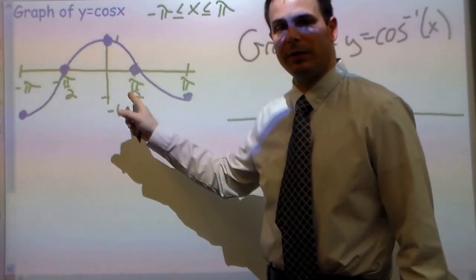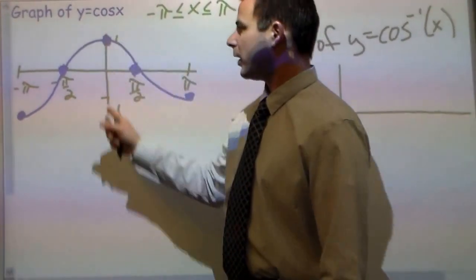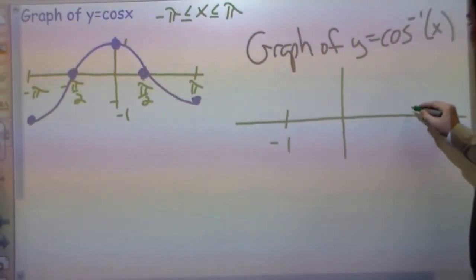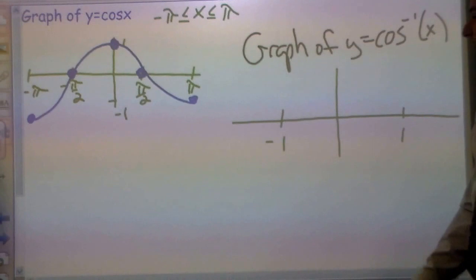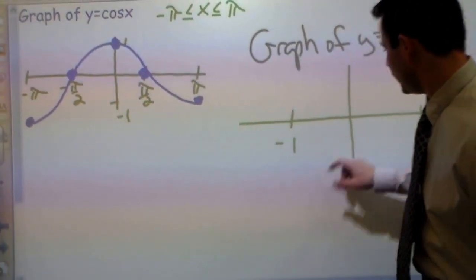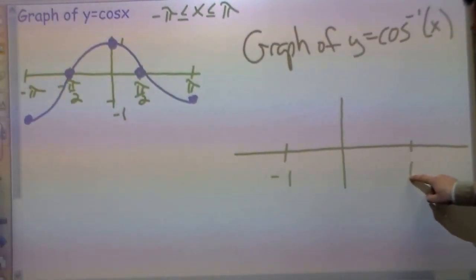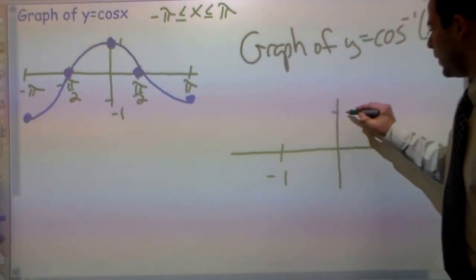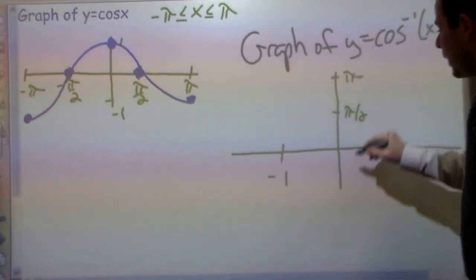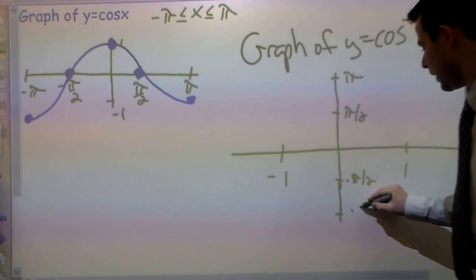For the old x values that were in radian measure, now they're y values in radian measure. The old y values that were integers are now x values that are also integers. So my x values will range from negative 1 to 1, and my y values will be, let's move this down a little bit, pi over 2, pi, negative pi over 2, and negative pi.